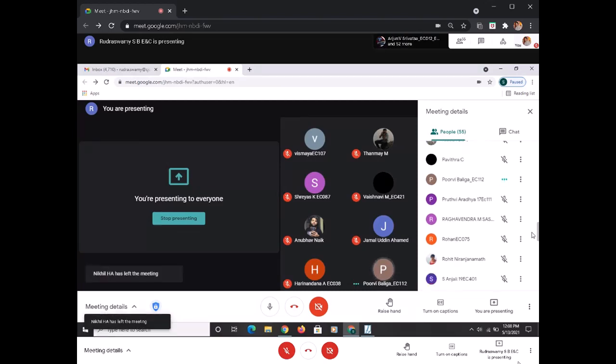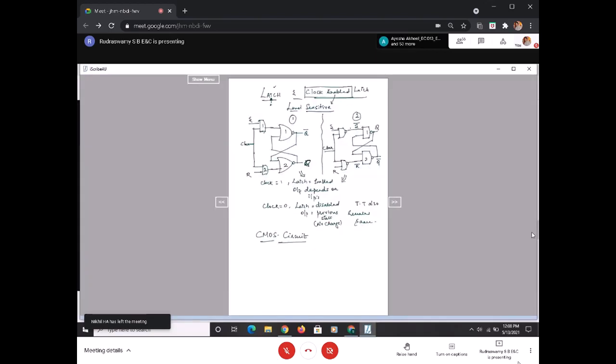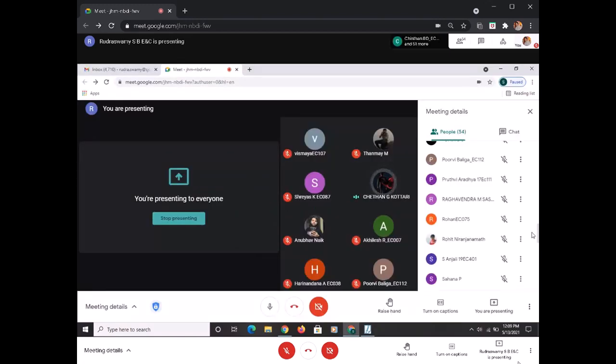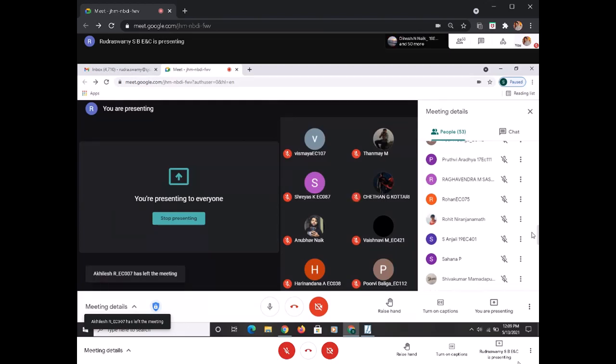Okay. How to go ahead with this problem now? I have to now get the CMOS structure of figure 1 and 2, not in a single one, both are separate. So I want the CMOS structure, we can take the clock as one and do that. Any idea? No, sir.